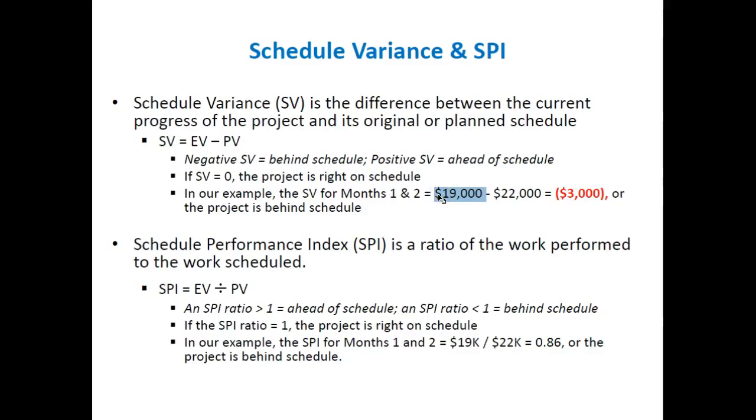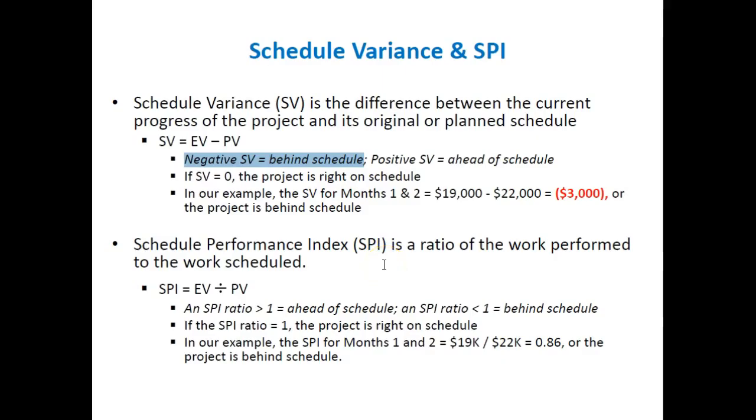That's what we've earned. That's the value of the tasks that we've completed, right? Minus what we were supposed to have completed, a negative $3,000. In this case, if you have a negative schedule variance, you are behind schedule. Versus if you had positive, you'd be ahead of schedule. And if it's zero, again, it's right on schedule.